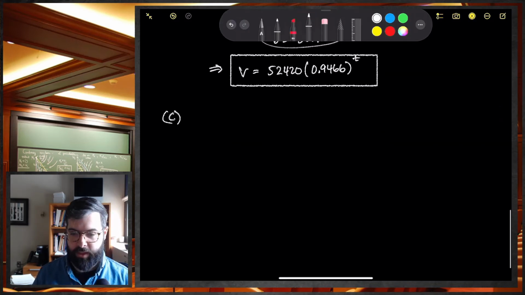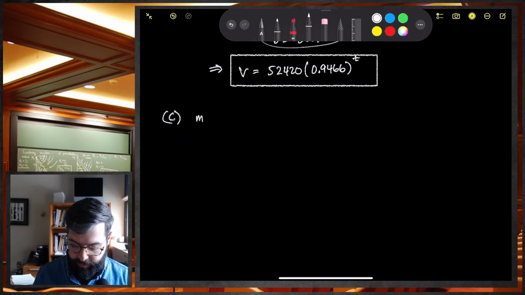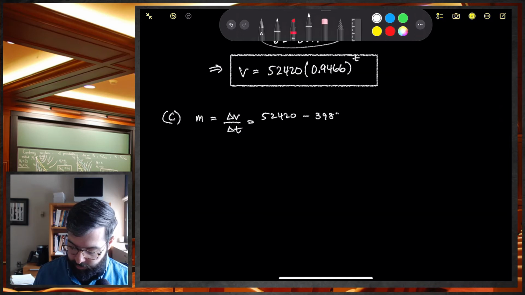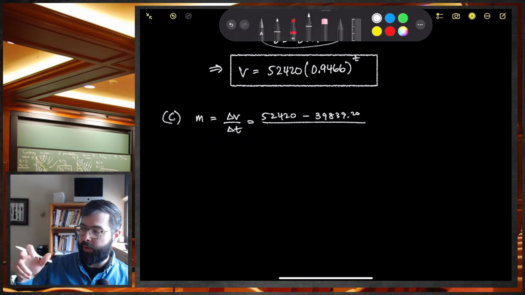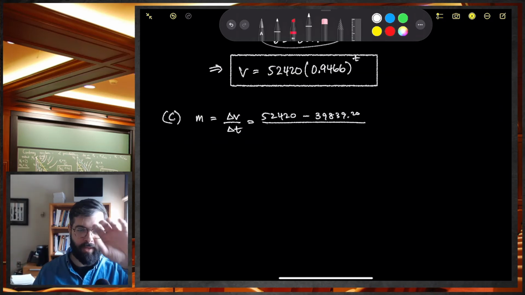In part C, it says, suppose the depreciation is linear. So that means you're assuming that we have some constant rate of change, some slope, which is the change in the value over the change in time. So it'd be 52,420 minus 39,839. Actually, I would typically write this the other way around, because I go from end minus start.